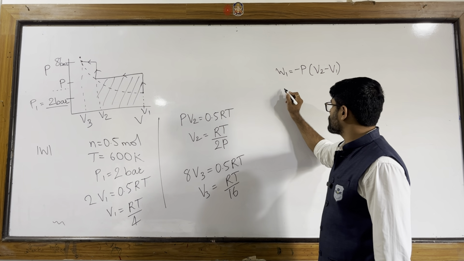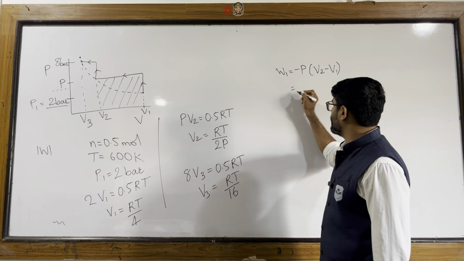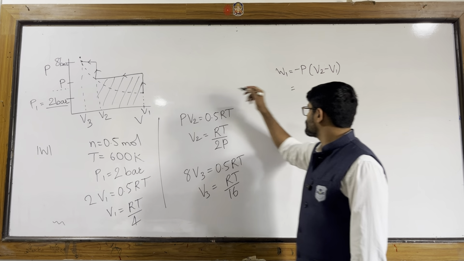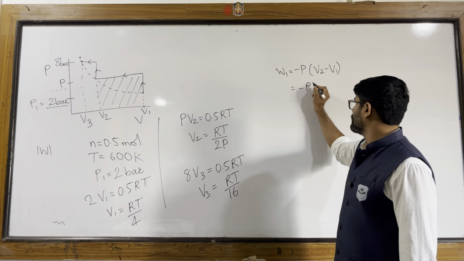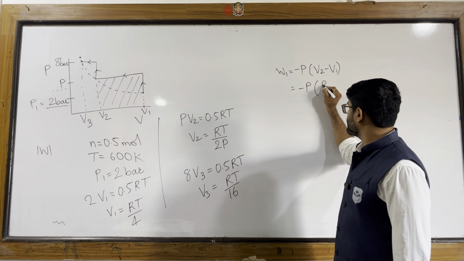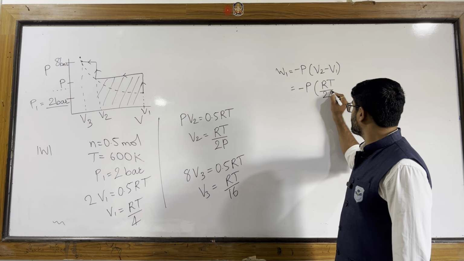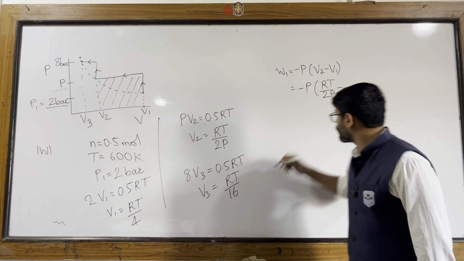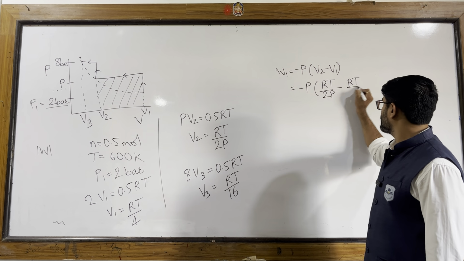Putting in the values, V2 is RT by 2P and V1 is RT by 4.